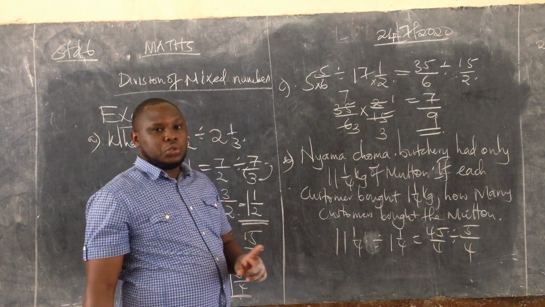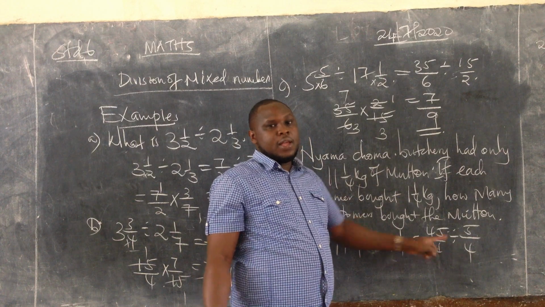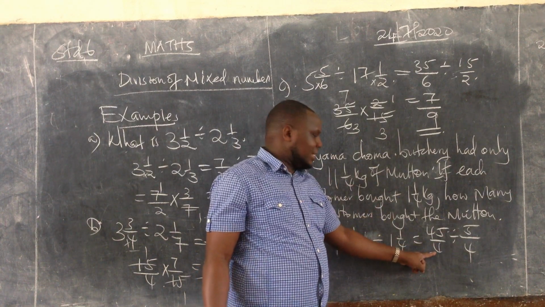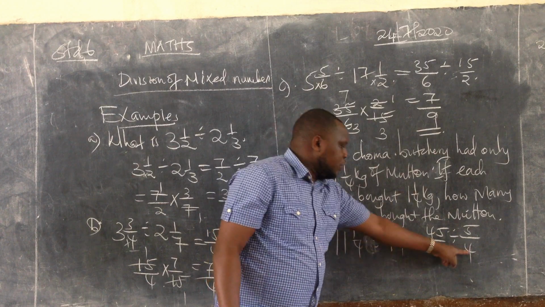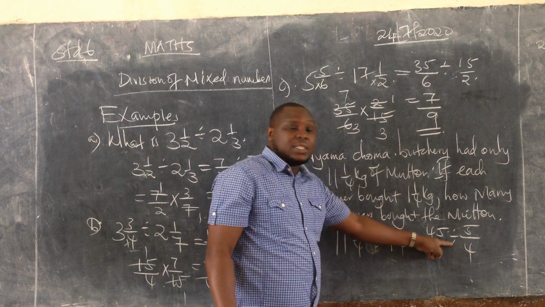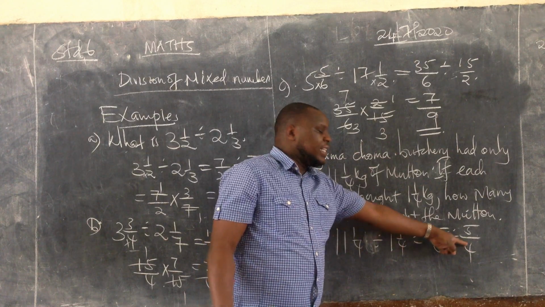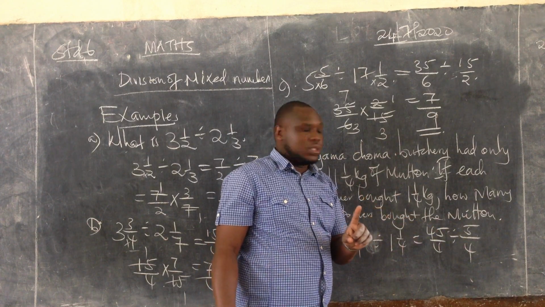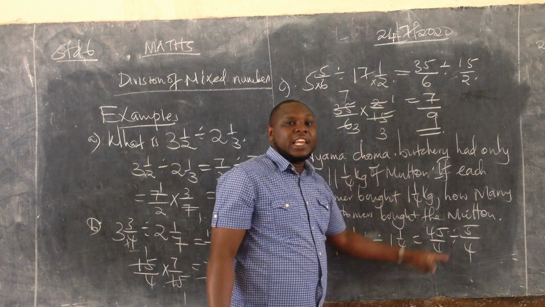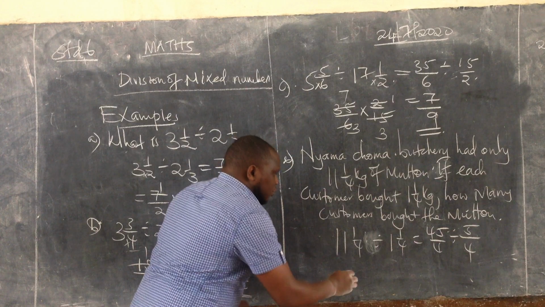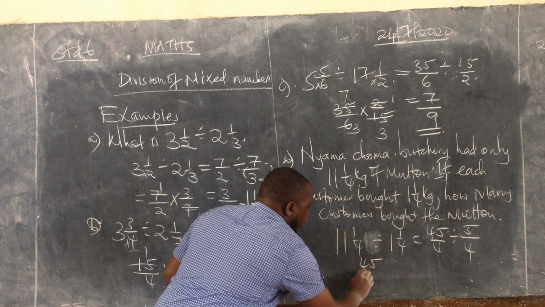Then I want to caution you about this question here. Some learners reach at this step and start cancelling by force. When this sign is division, don't cancel everything until you change that sign by getting the reciprocal of the second part of that question. So don't reach here and get tired and start simplifying. It's wrong.